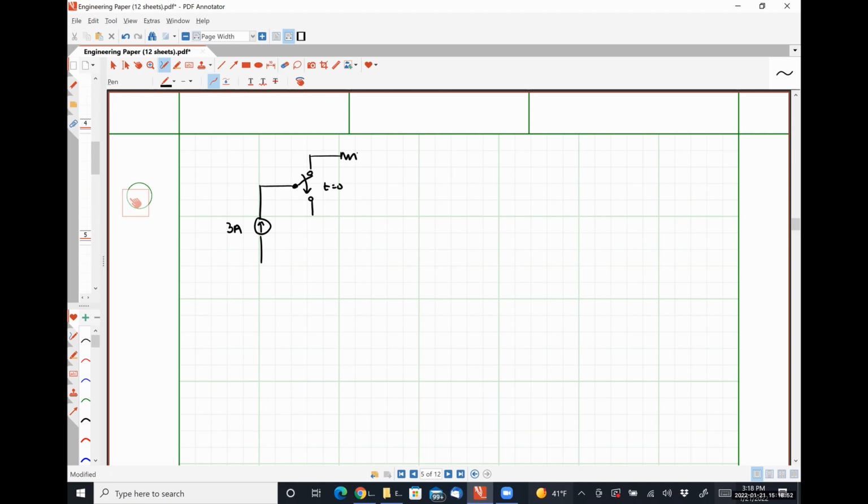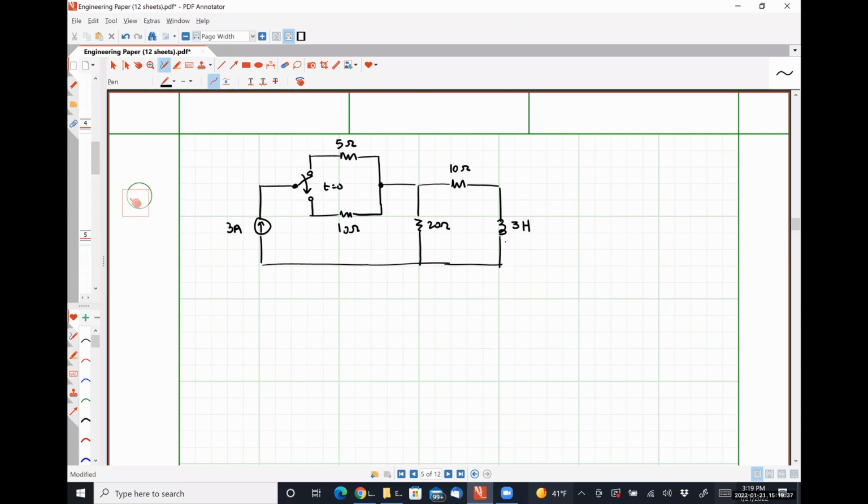Let's put a 5 ohm resistor here, a 10 ohm resistor here, a 20 ohm resistor here, another 10 ohm resistor here, and then a 3 Henry inductance here.